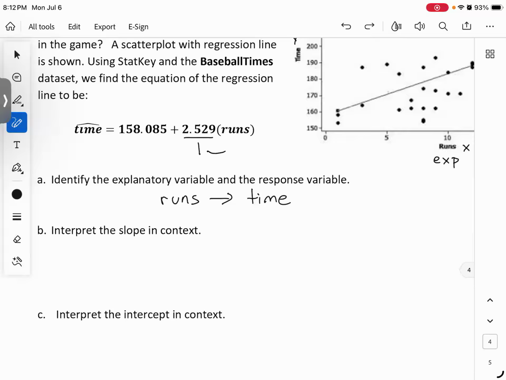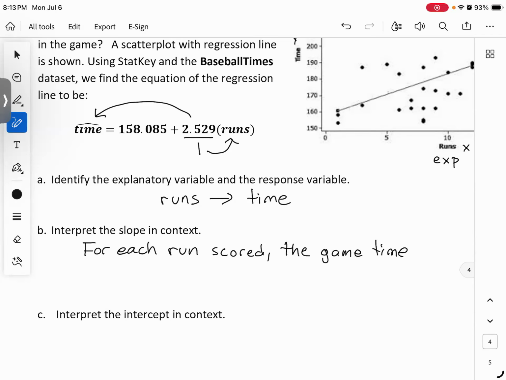All right. So it would be for every one run, the game time might increase by 2.529 minutes. For each run scored, the game time might increase by 2.529 minutes.